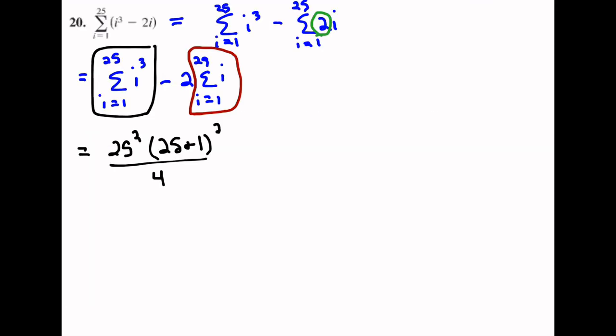Then I'm going to say minus 2 times, now I'm going to do my summation of i. My summation of i is n times n plus 1 all over 2, but I'm not using n's though. My n is 25, so 25 times 25 plus 1 all over 2.